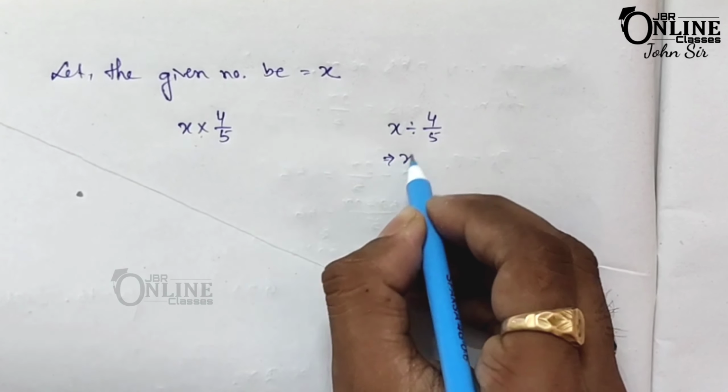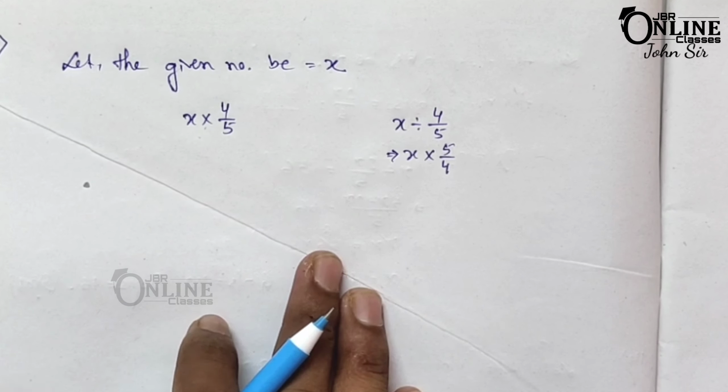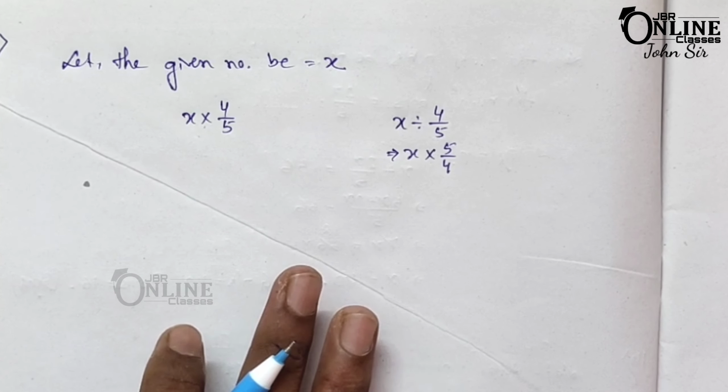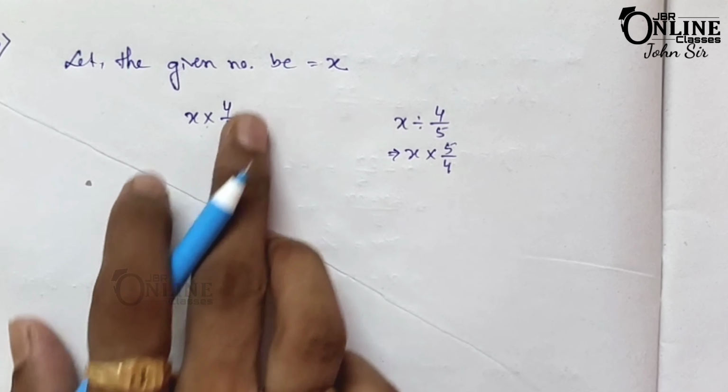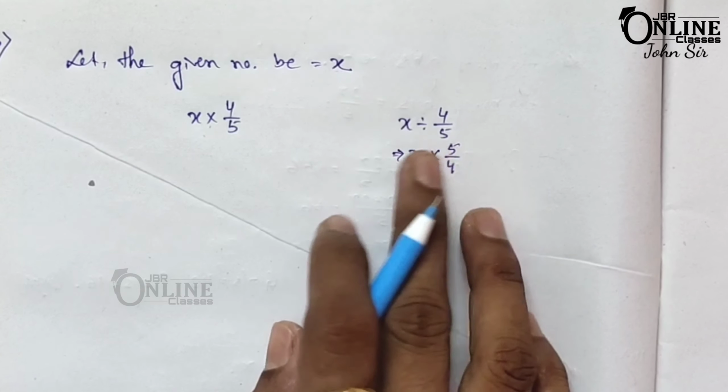That means you can see also x into 5 by 4. And here the condition is the answer was 36 more than the correct answer. So this one is the correct answer, that means 4x by 5, and he got 5x by 4.